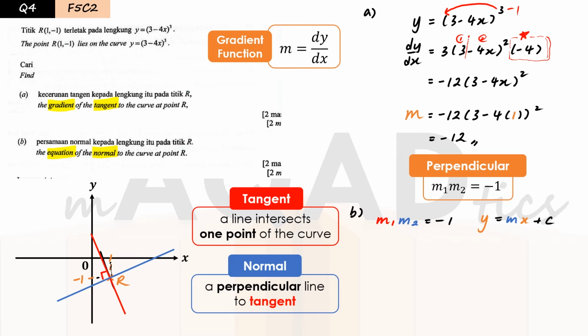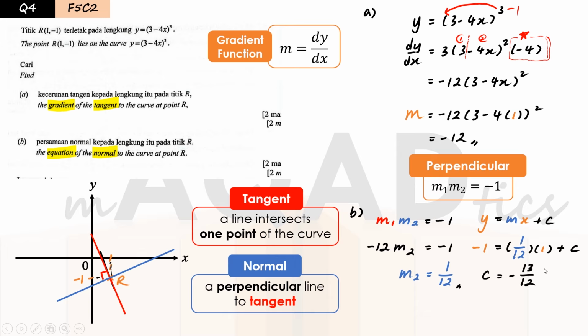So let's do that. For the -12, I'm going to substitute inside here, and we move the -12 to the other side. We can find out the gradient of normal, which is 1/12. So now we have the x, the y, and the m. Let us substitute all of these here to find out the c value, the y-intercept value. x is 1, y is -1, which is the coordinates of R, and m is 1/12.